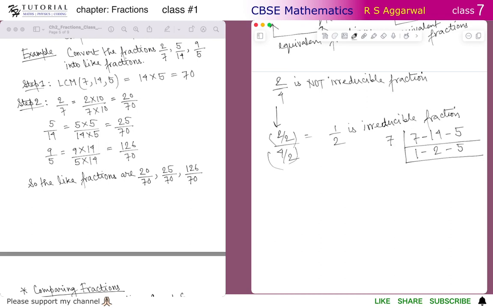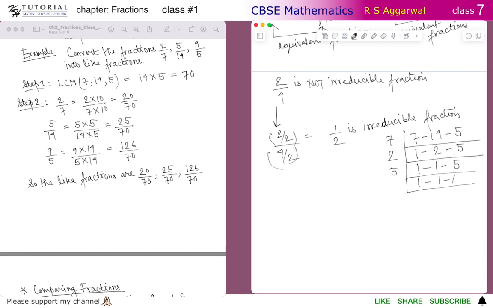Now we divide the given numbers with a prime divisor, which we can use 2. So this becomes 1, 1, 5, and the 5 remains.